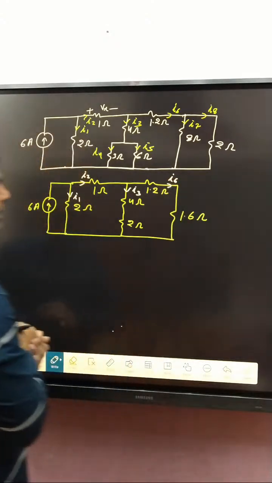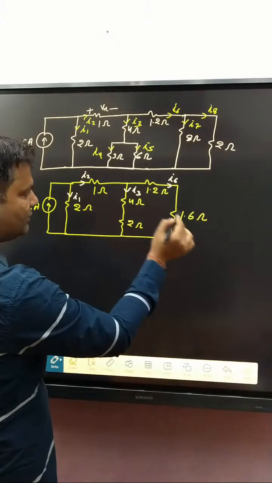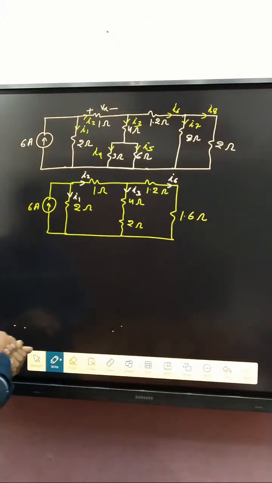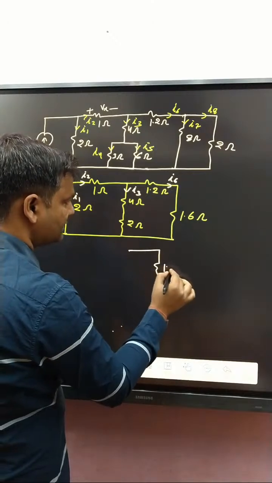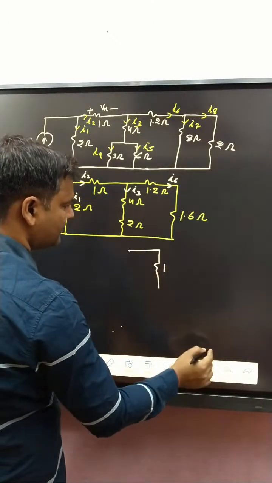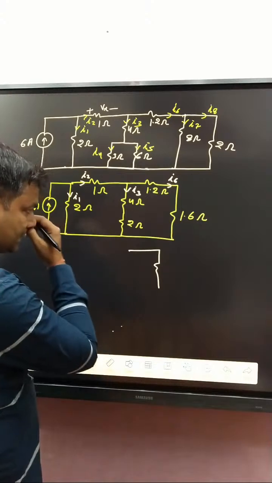Okay, after that, if you see 1.2 and 1.6, that is 2.8, sum of these two.